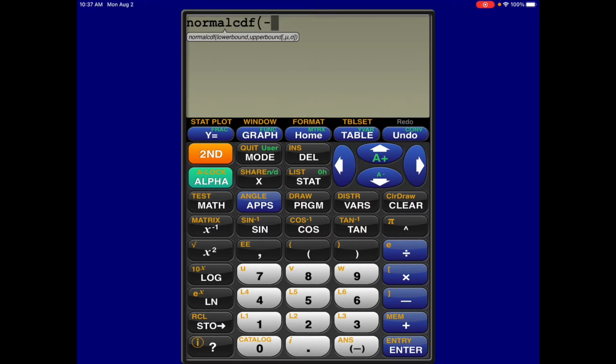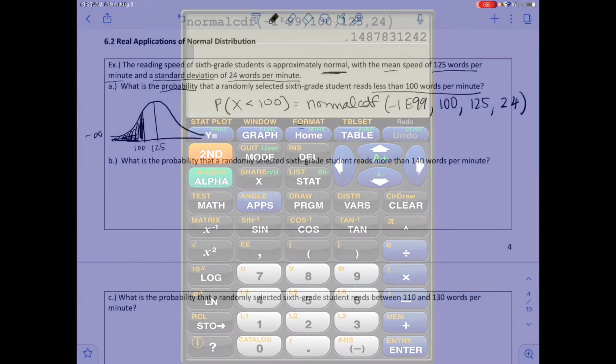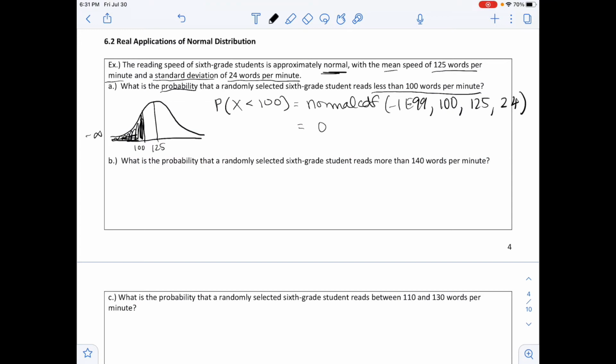Our lower bound is -1e99, comma, our upper bound, which is 100, comma, the mean, which is 125, comma, standard deviation, which is 24. Select enter, and we get our probability. From the calculator, rounding to 4 decimal places, we get 0.1488.